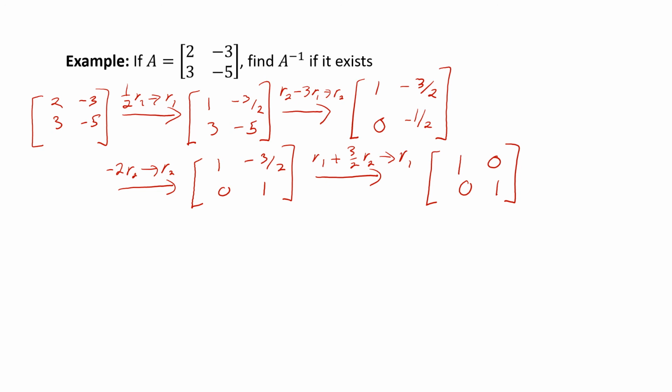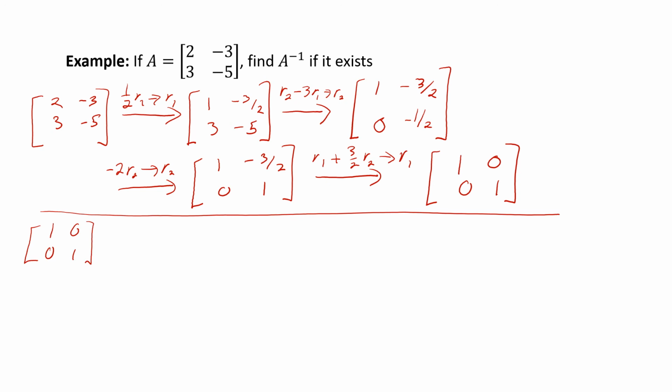The second part of the theorem says that if we want to get the inverse, we take those same row operations and we apply them to the identity matrix. So for this, we are going to start with the identity matrix and we're going to apply the same row operations. So the first row operation we did was 1/2 row 1 is the new row 1.